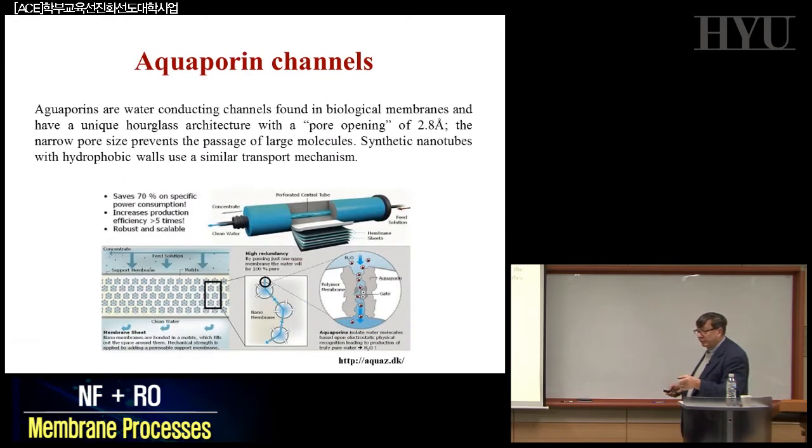The other way of doing it is, again, to learn from nature. In the literature, you'll find that a few of the last Nobel Prizes have been given to people who were able to understand the high selectivity of biological membranes to water.